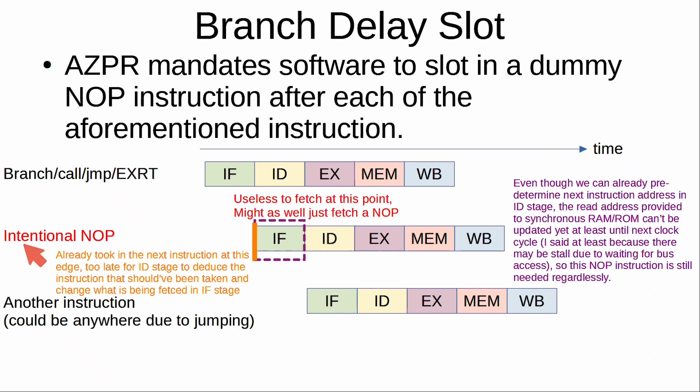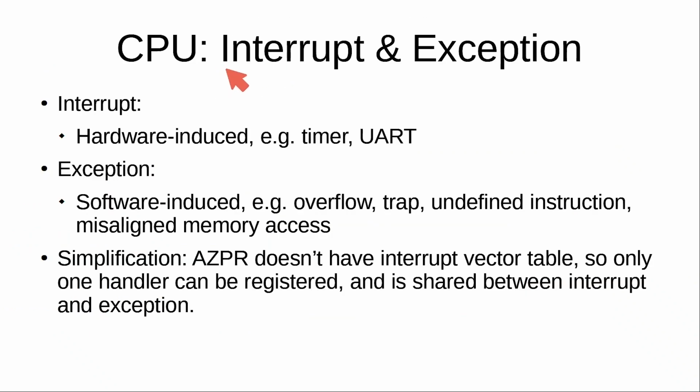So now the question is, who will insert this NOP instruction after the branching instruction? Well, for simplicity, our processor mandates that the software developer slot in a dummy NOP assembly instruction after each of these branching instructions.